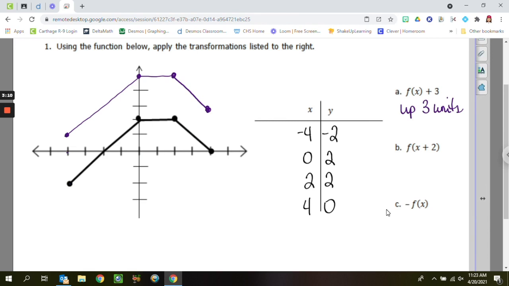So for B, where is it going to go? It's inside the function plus 2, so what does that really mean? -2. Yes. Which direction? Left. So again, just going to count from the original points. 1, 2.